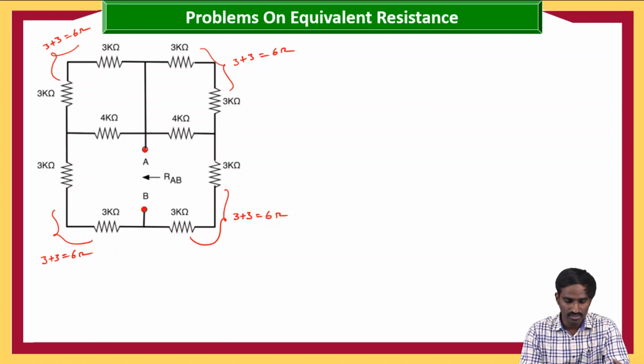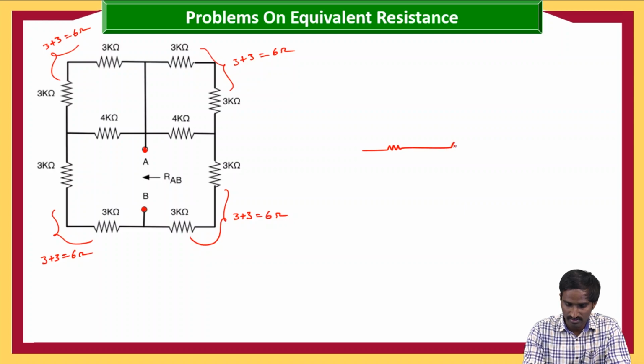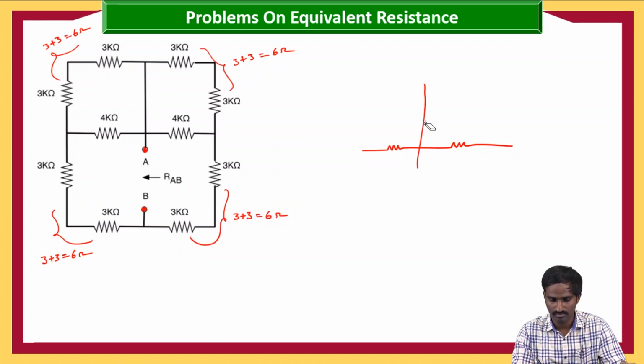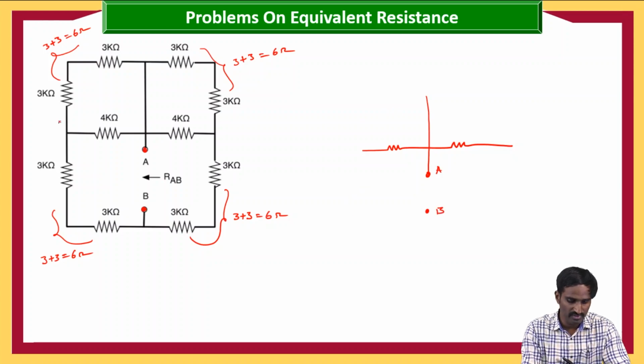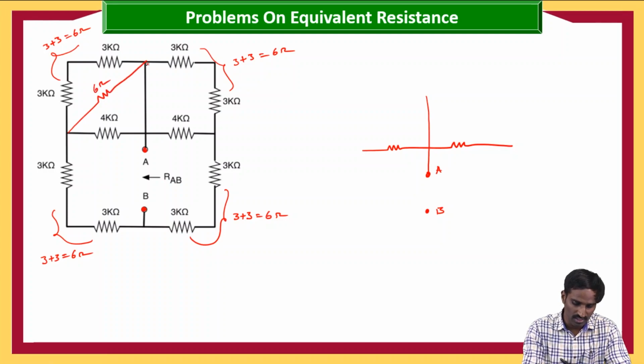Now the circuit will become, of course here I'm just drawing again the same way, here 1 and 2. Here one more is there, and here one more is there. So this is the terminal A and this is the terminal B. In between these two can be replaced with one resistor.